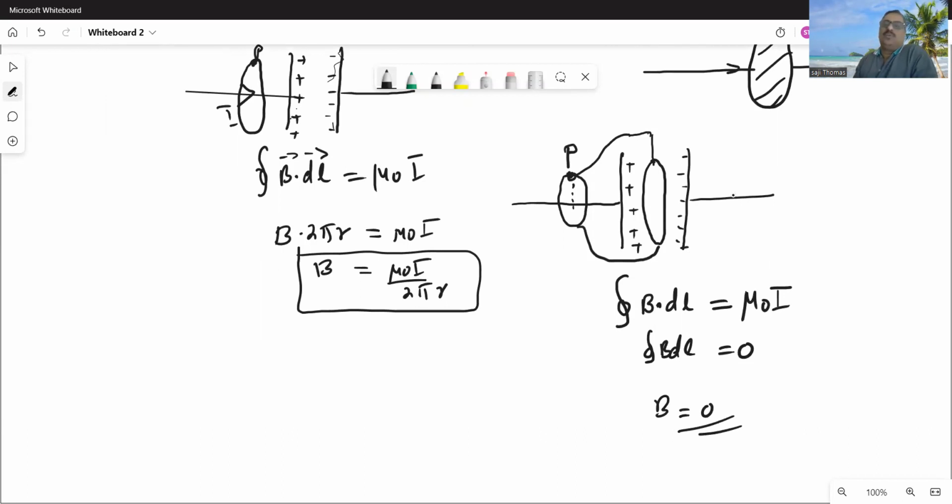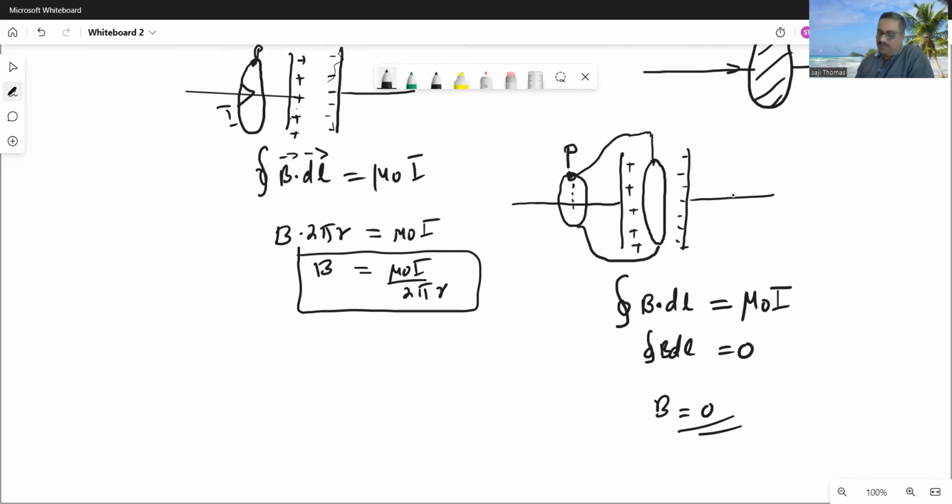So there is a contradiction. In the first case, we got a magnetic field at the point P. But in the second case, at the same point, the magnetic field is 0. That means there is a contradiction in Ampere's circuital law.